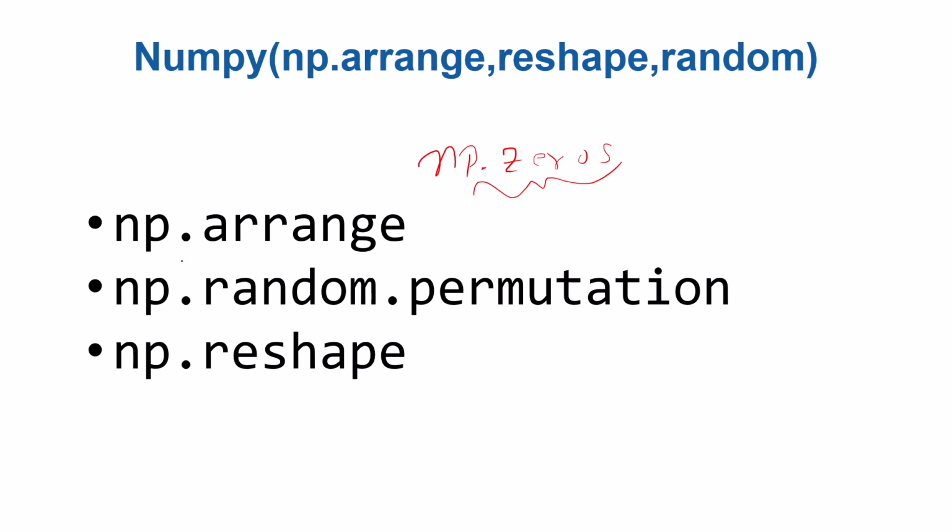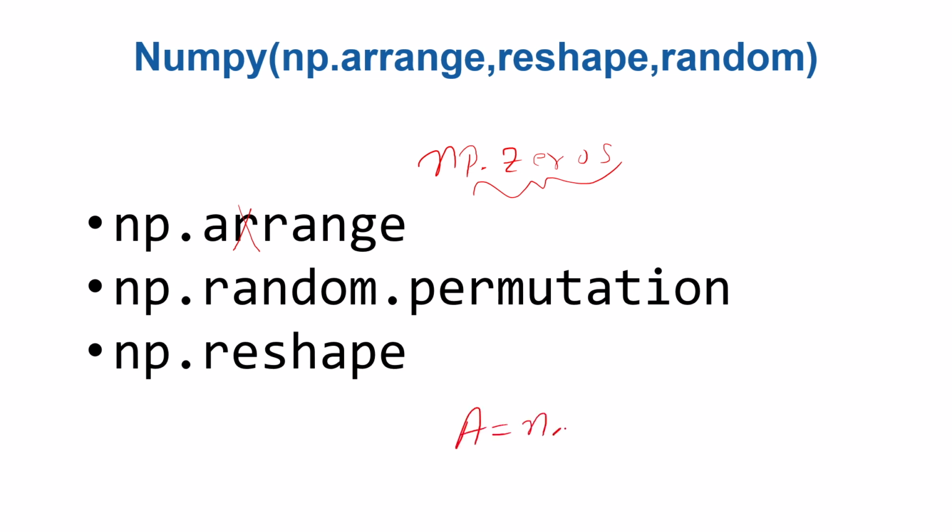There are some functions that are actually used a lot, and I want to discuss those. One function is np.arange. Actually, this is a single R. This is not two R's. This is a single R. np.arange with one R. And the np.arange function creates an array.